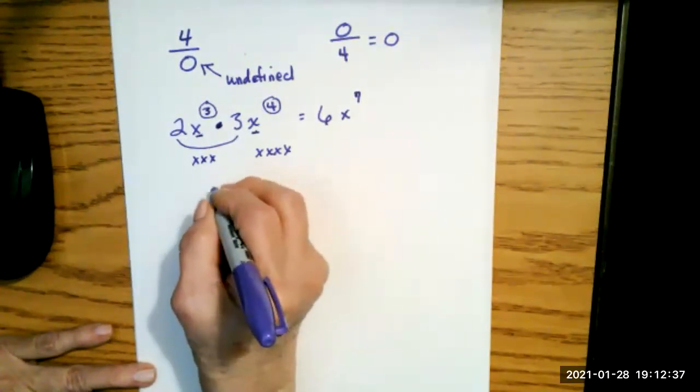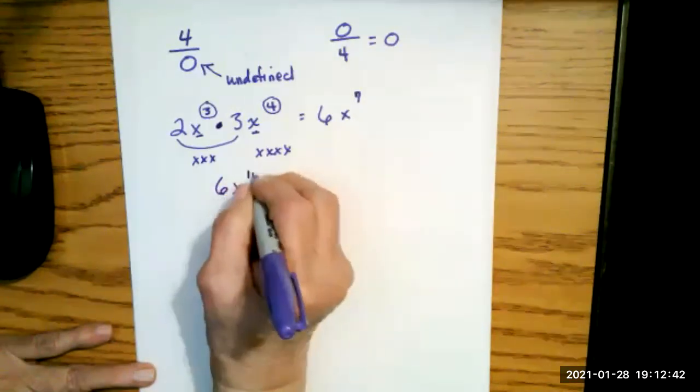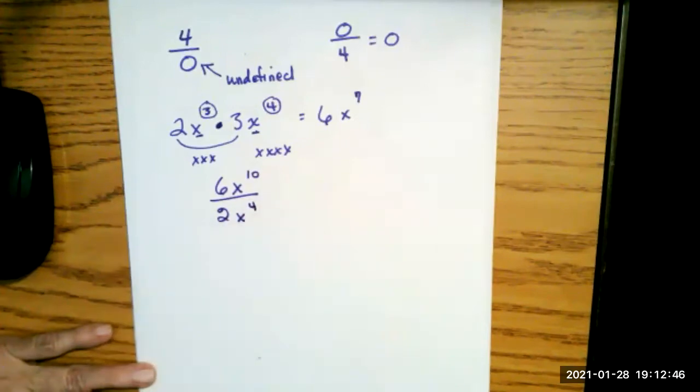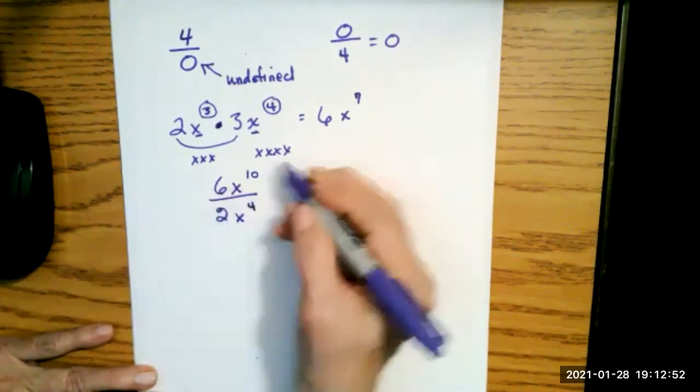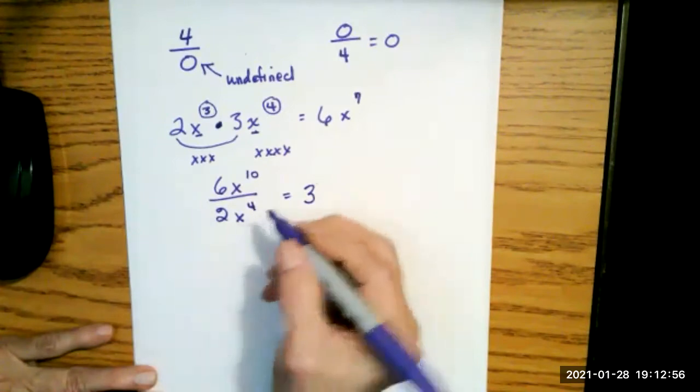Let's do one of those. Let's do 6x to the 10th divided by 2x to the 4th. If it's divided, divide your numbers, your coefficients, and you get 3. But what happens to these x's?